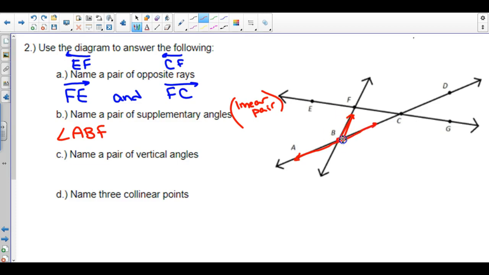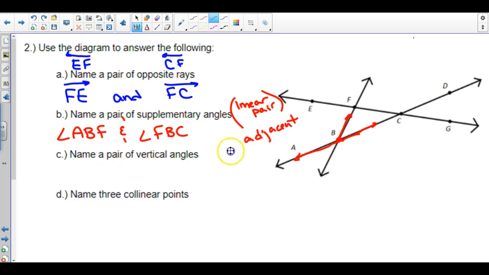I know that these 2 angles basically make a line. So angle ABF and angle FBC are supplementary angles. And since they share that common side, there's a third name for them. So 2 angles that have the same endpoint that also share a common side are also called adjacent angles.